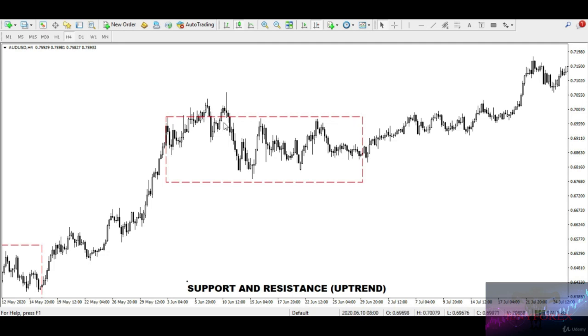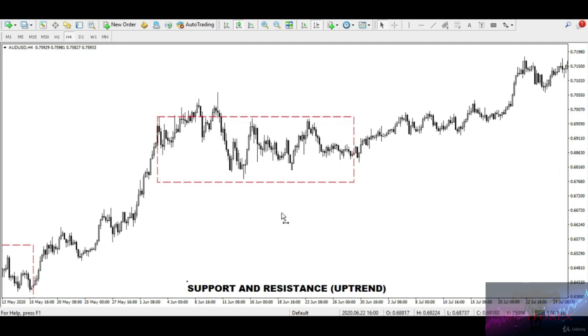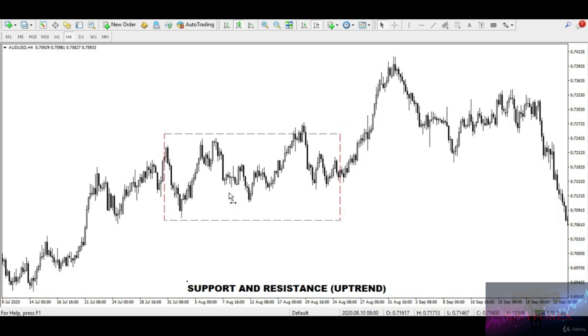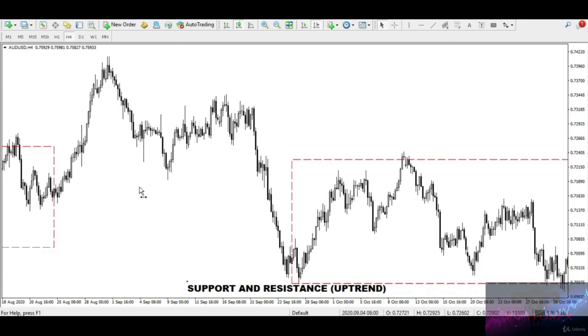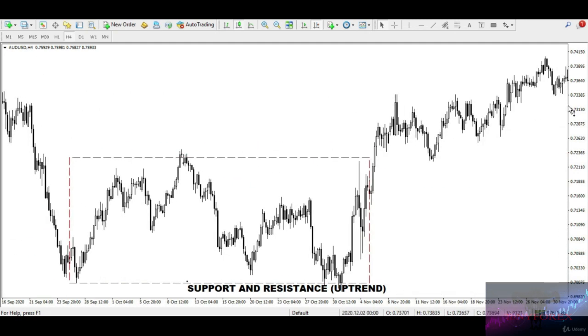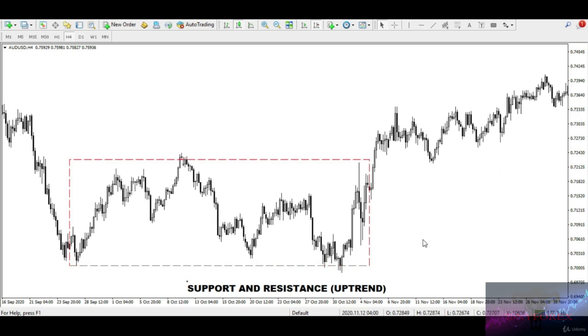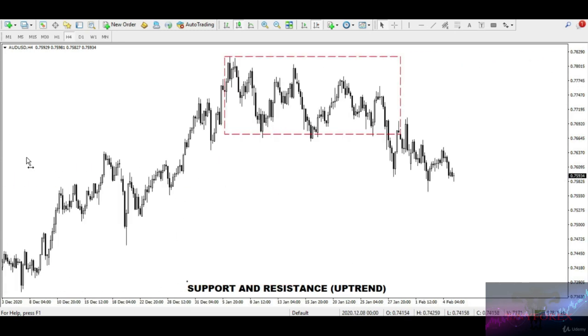This is because the buyers and sellers are most active at these price zones. I will teach you how this sideways price activity offers high probability trade opportunities when correctly studied.